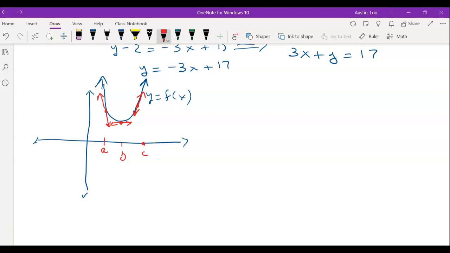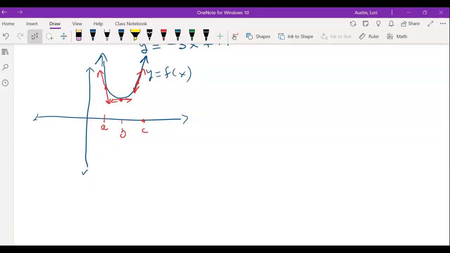Now, that derivative is going to change if you move along the equation, correct? The f of x. It's not going to be the same. It's going to be different at every point on your f of x. Yes. Perfect.